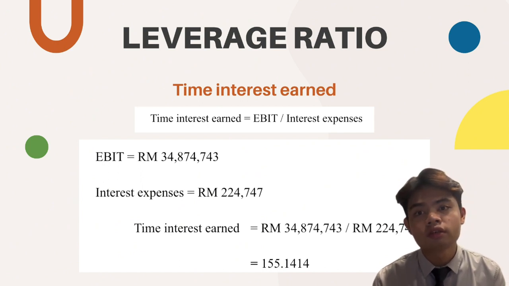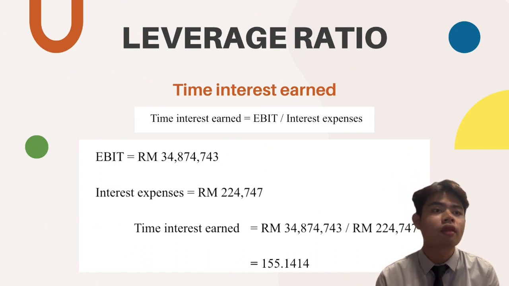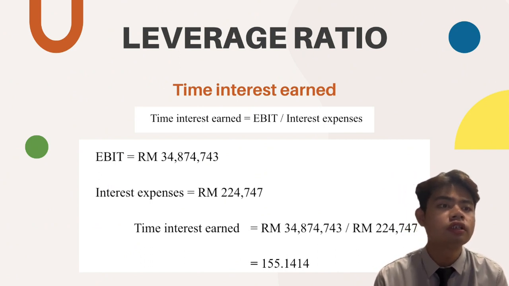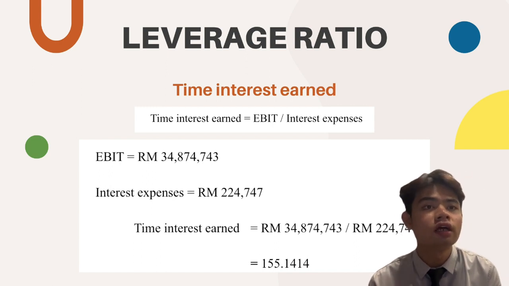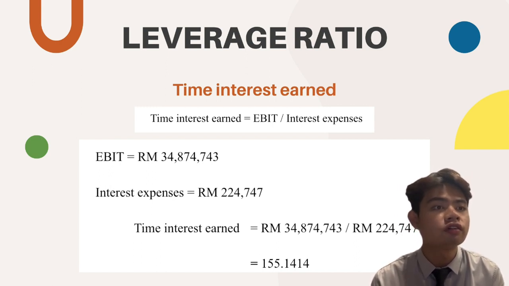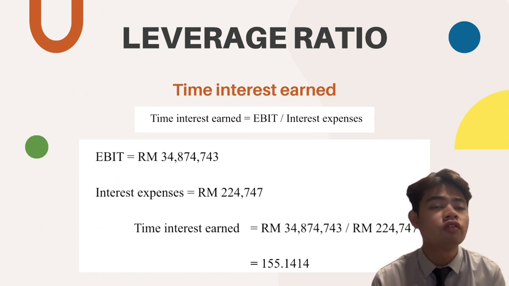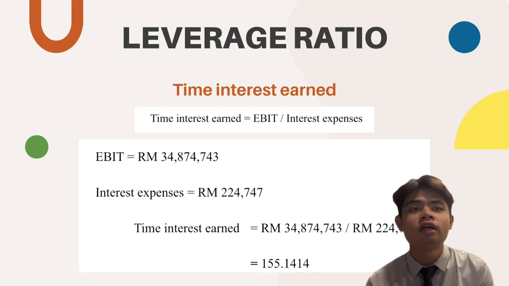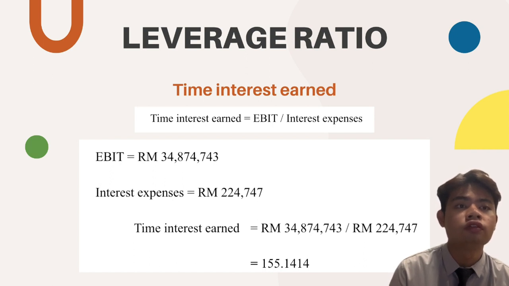Based on the financial report, the EBIT for Jet Resources Berhad is 34 millions 874,743, and then their interest expenses is 224,747.